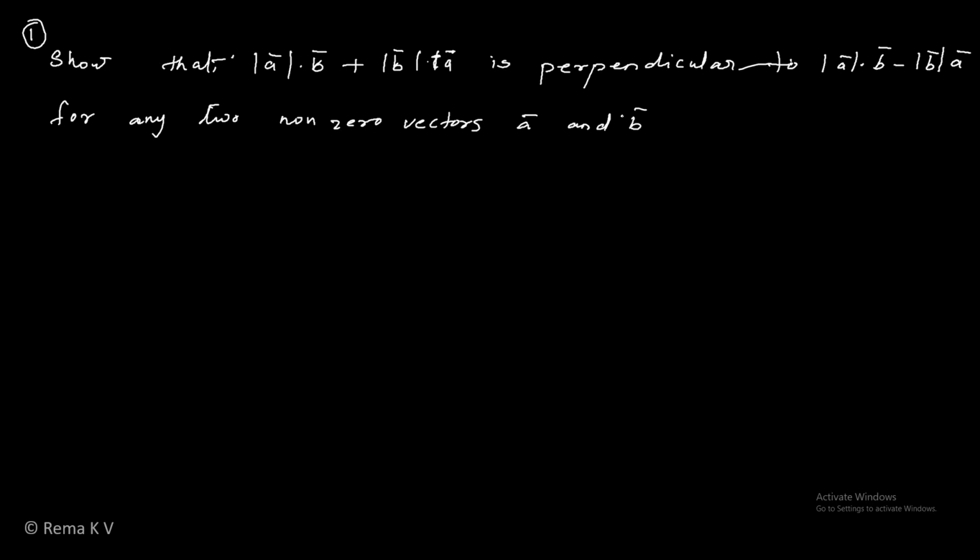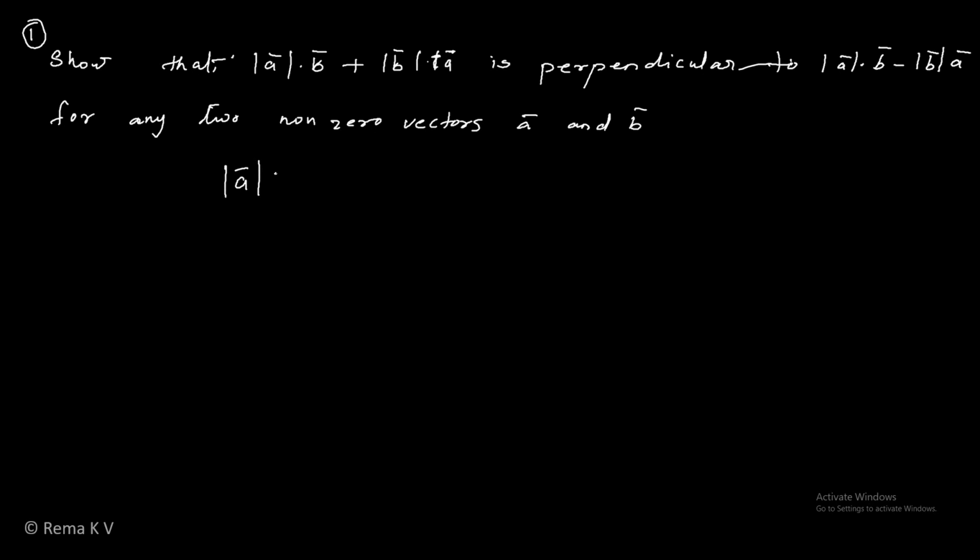How can you prove that two vectors are perpendicular? Dot product is equal to 0. Okay, let us consider the dot product here.